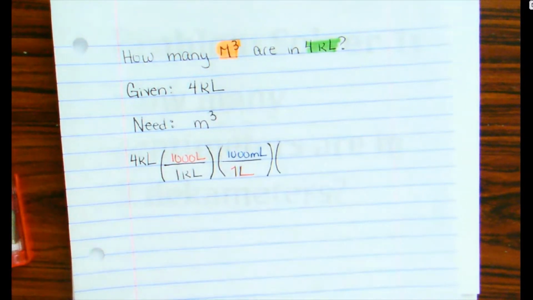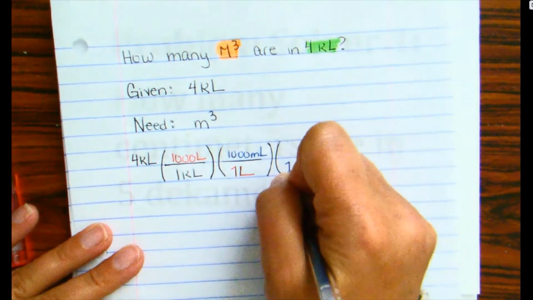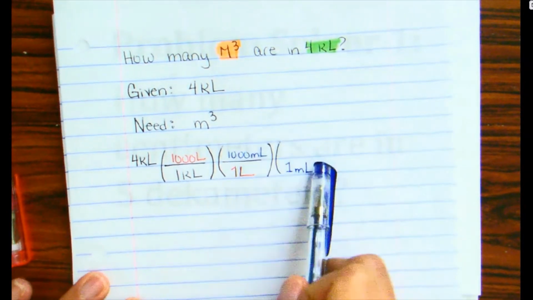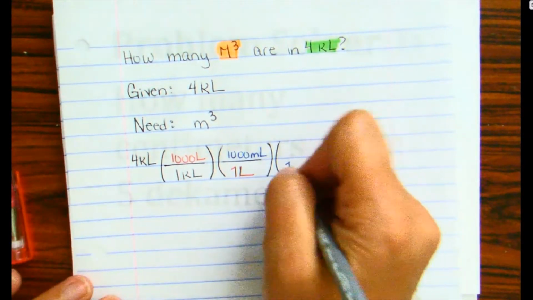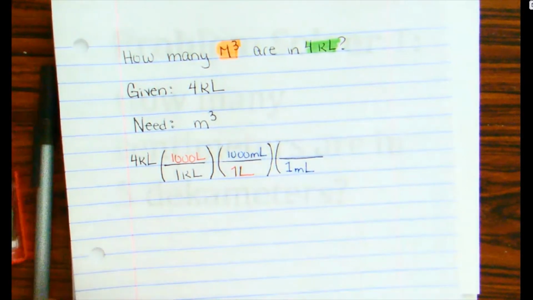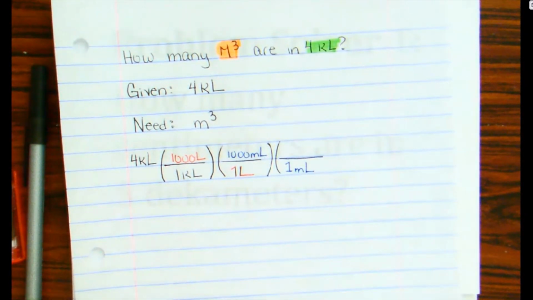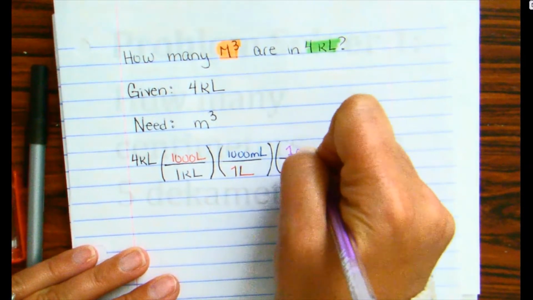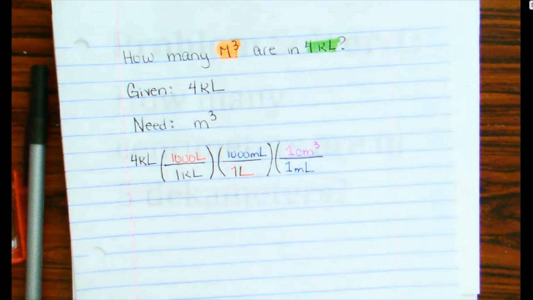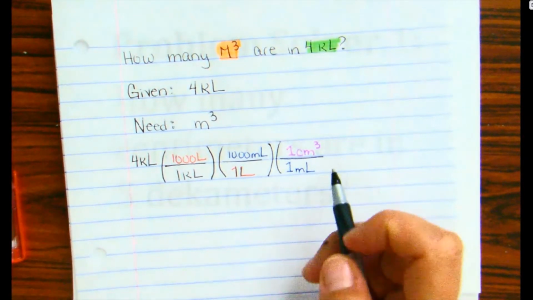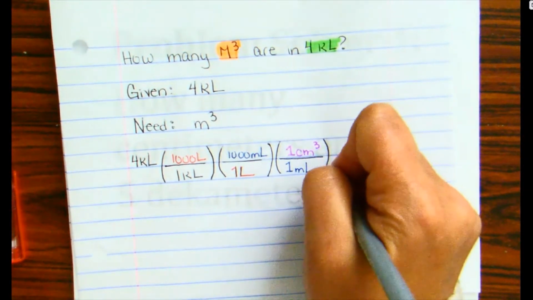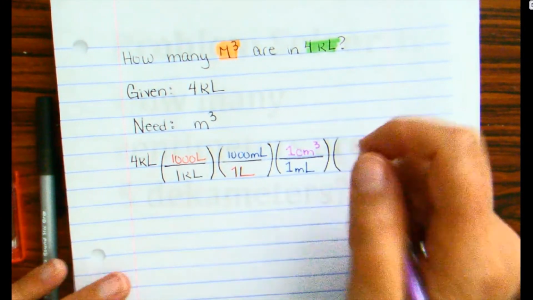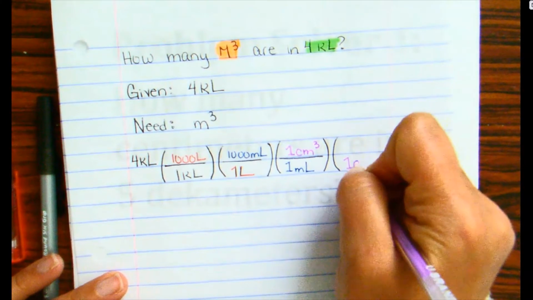We have milliliters now, which means we can convert to units of cubic meters. For every 1 milliliter, and look how nicely this cancels out, it is equivalent to 1 centimeter cubed. Now we're in units of length, so we can go from centimeters cubed.